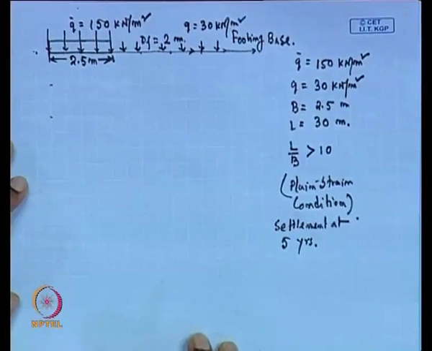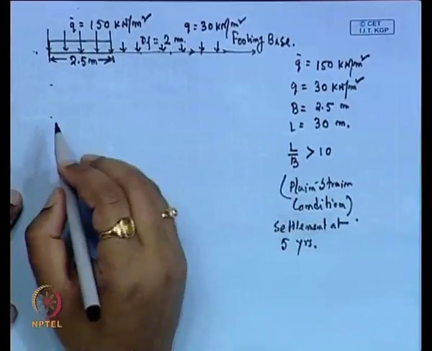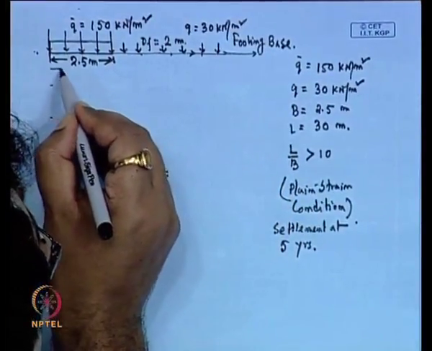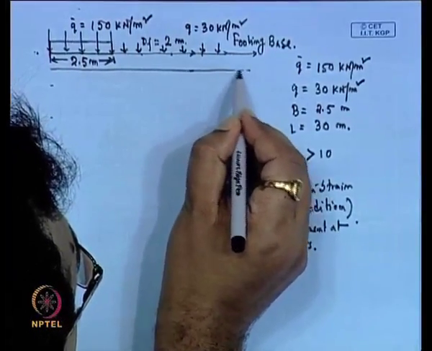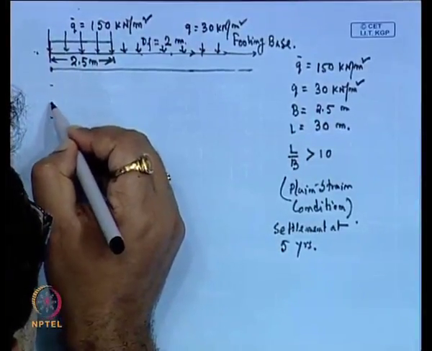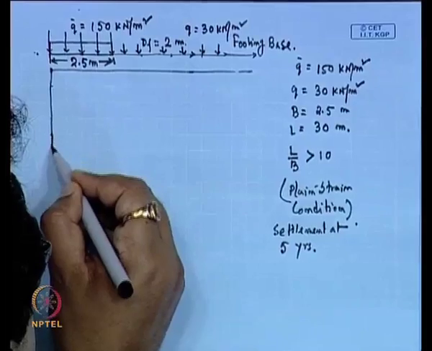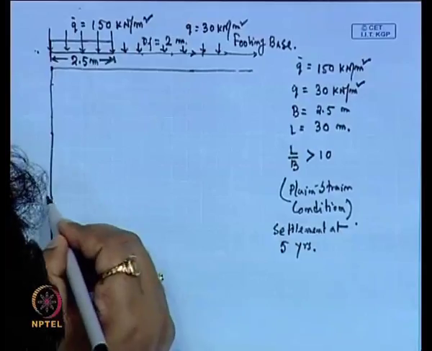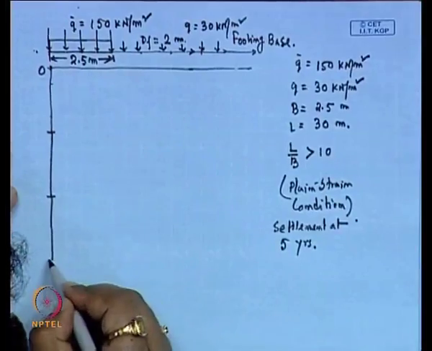Okay. So, now what are the soil data that I will give later on. First, I have to prepare that chart to determine the I z. So, suppose from this point, this is 0, B, 2B, 3B.